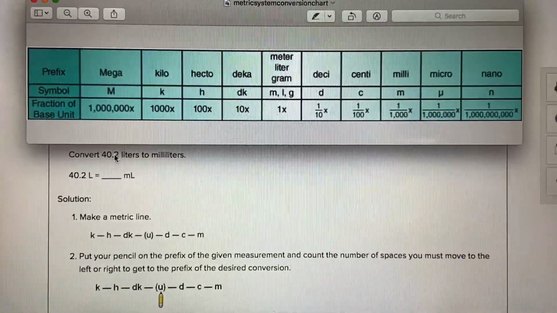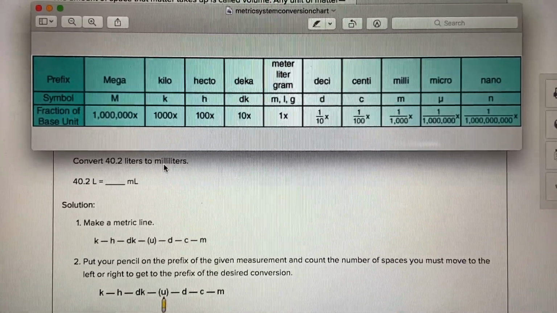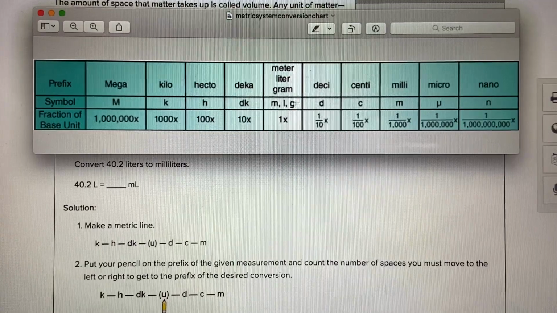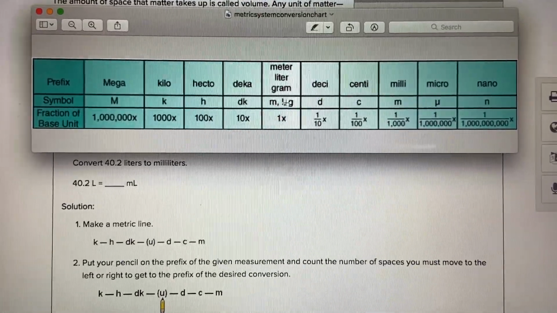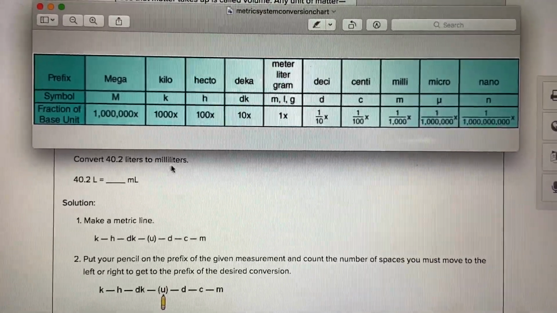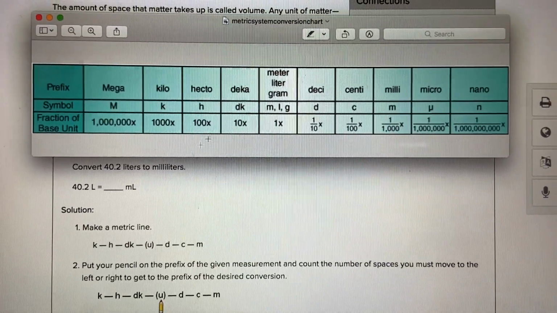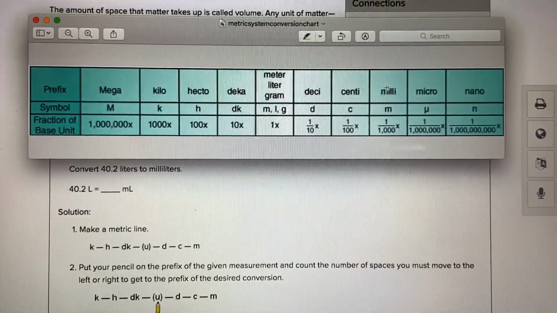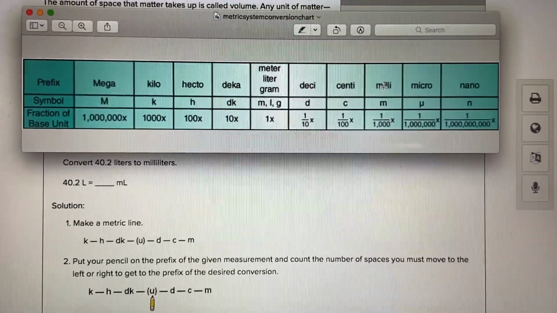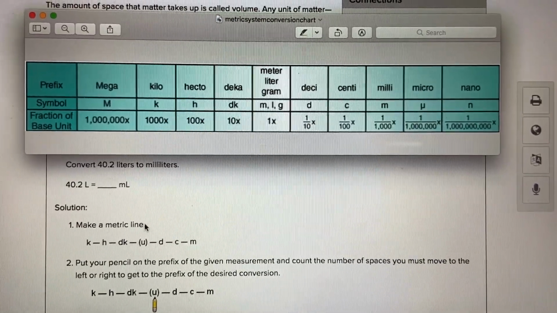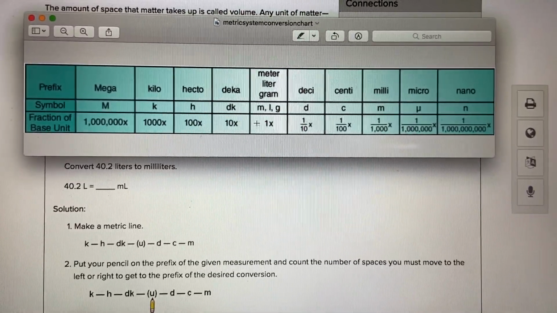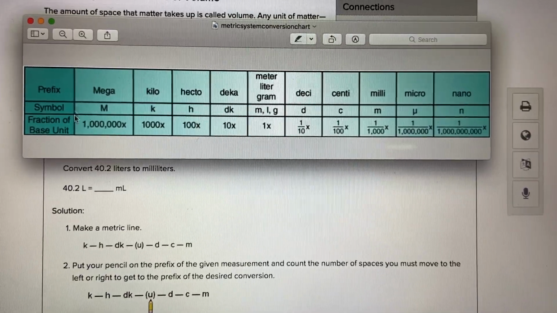Okay, so they want to convert 40.2 liters, which is our base unit. That's our number one spot right here, liters. We want to convert it to milliliters. So milliliters are all the way over here. So when they say make a metric line, they're talking about pretty much making a replica of this box right here.